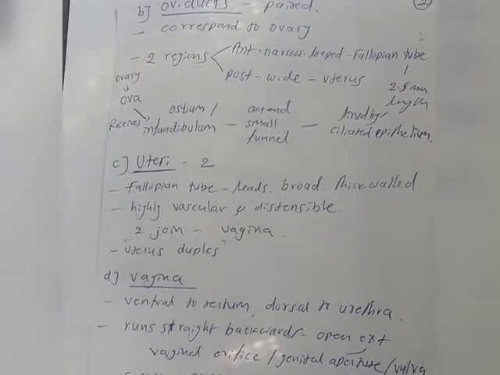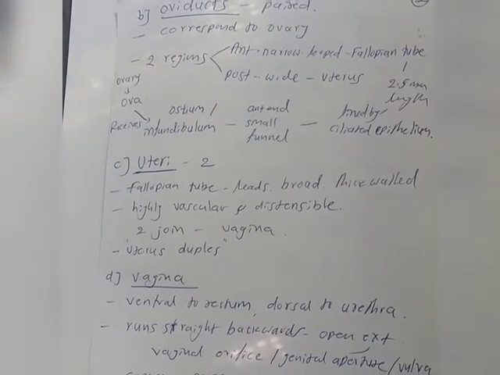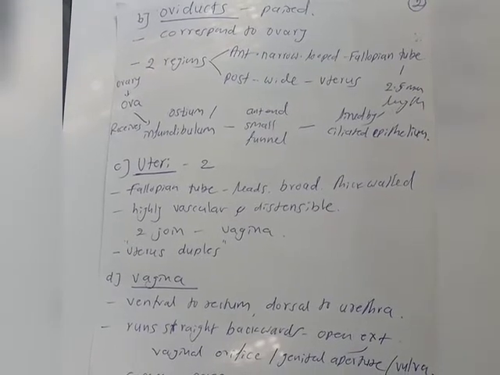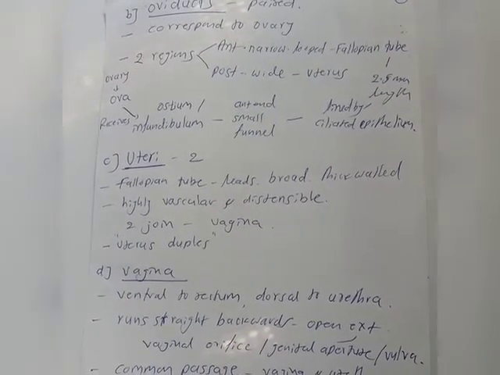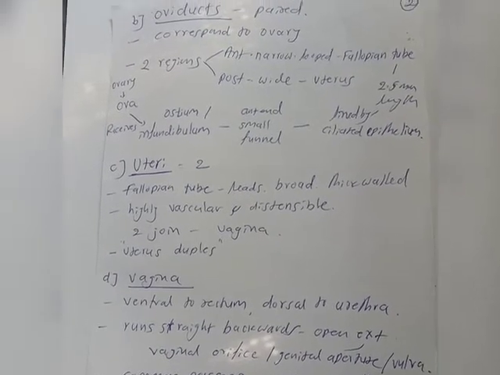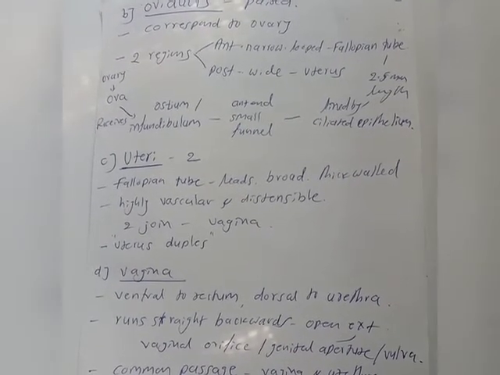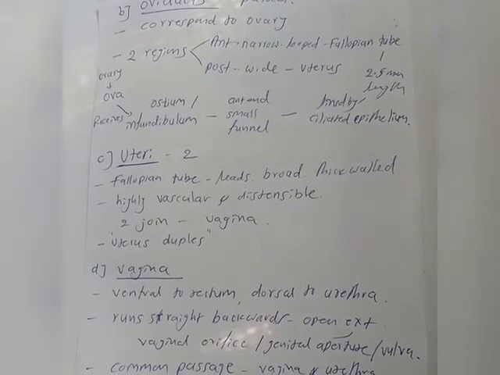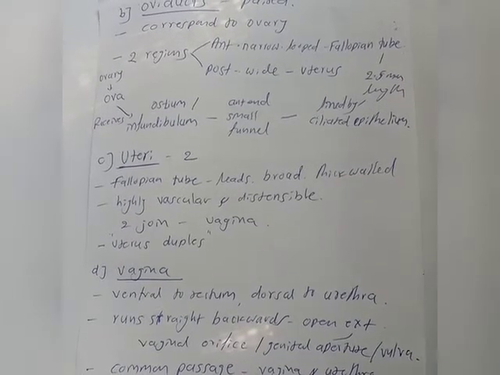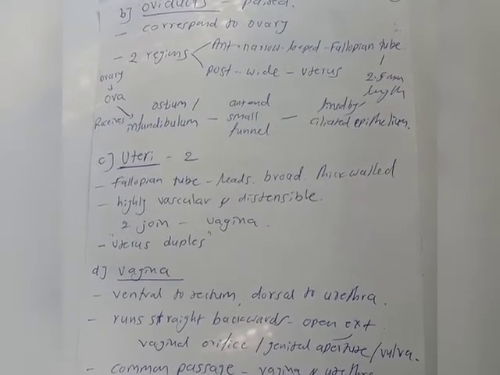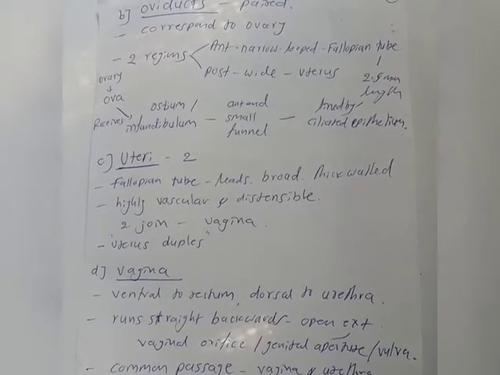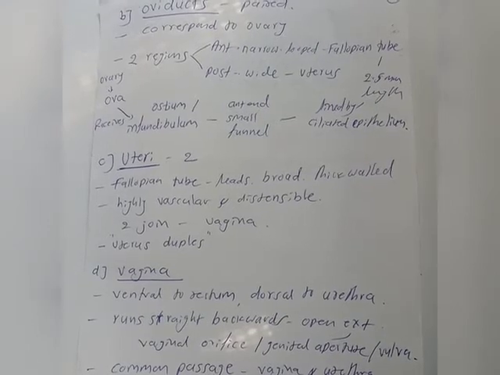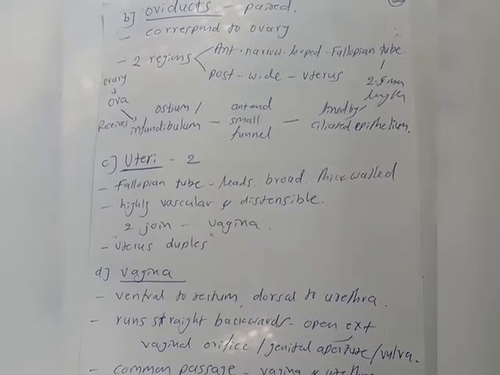The next part is the uteri. There are 2 uteri present in the female reproductive system of rat. The fallopian tubes lead into broad, thick-walled parts called uteri. Each uterus is highly vascular and distensible. म्हणजे it is made up of highly muscles.